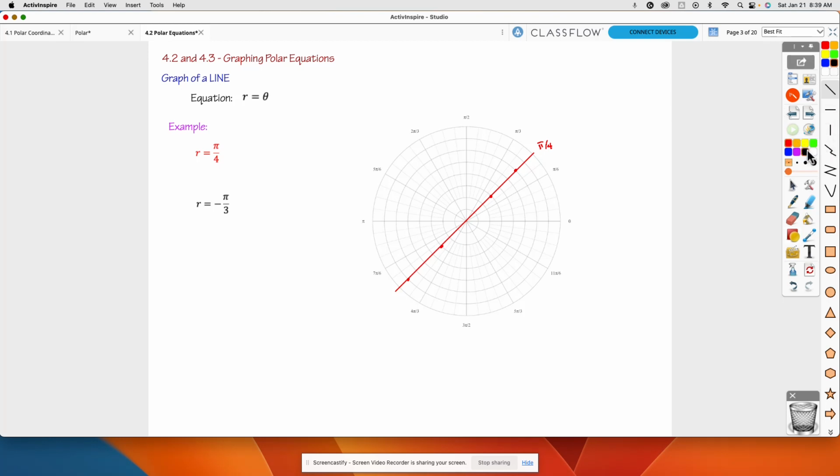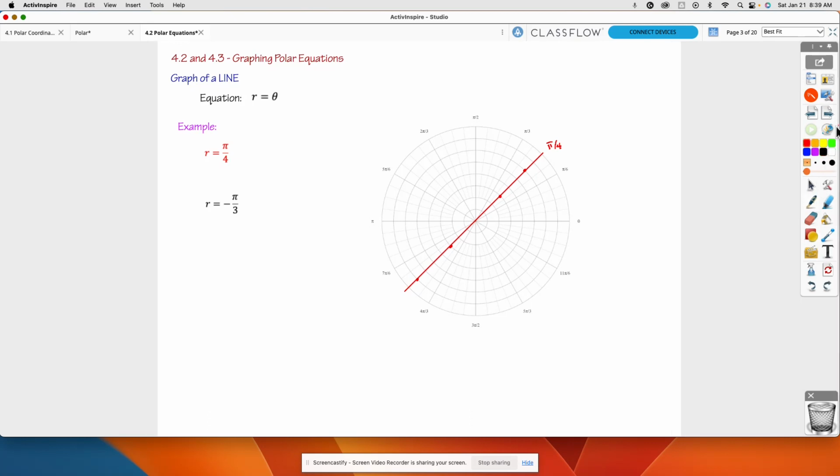Okay, let's look at theta equals negative pi over 3. Now, since it is negative, it would be in the fourth quadrant, right? We go in the clockwise direction. So this is our negative pi over 3, okay?